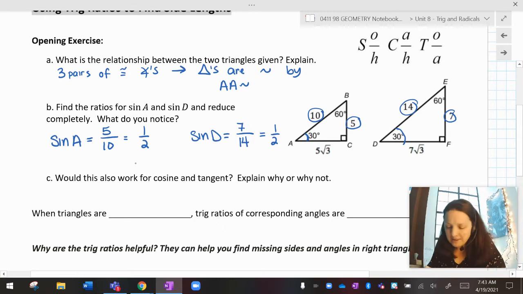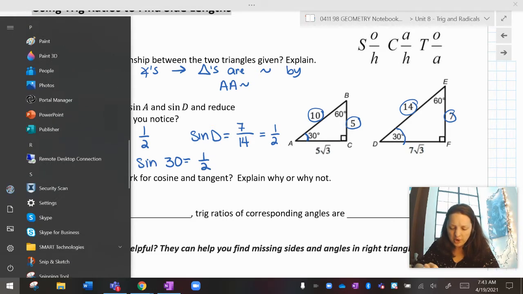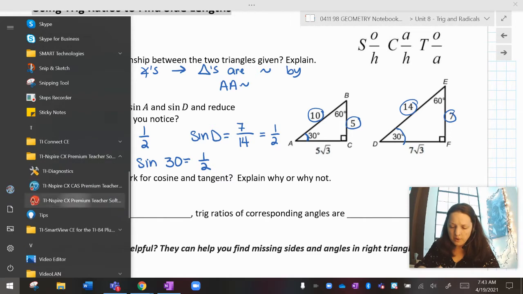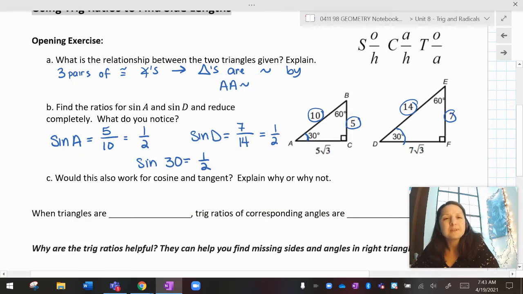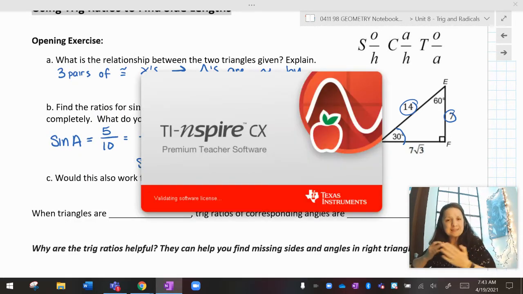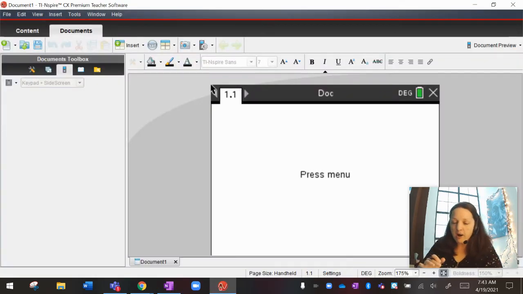A and D each have a 30-degree angle, so it seems like the sine of 30 is 1/2 no matter what. Let's check that. I'll pull up the calculator and type in sine 30 to see if the calculator, even without a triangle to look at, also thinks that sine of 30 is 1/2. Hint, it does.